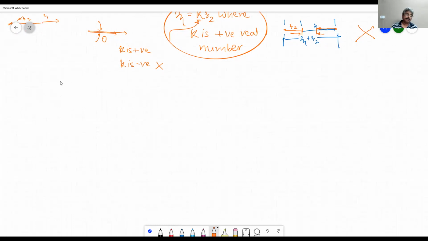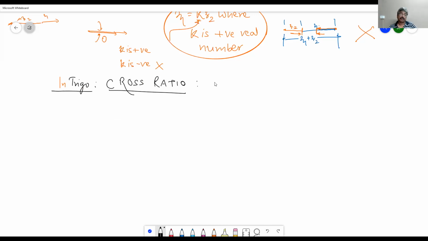In trigonometry, I think we have defined cross ratio. Yes or no? Yes, sir.